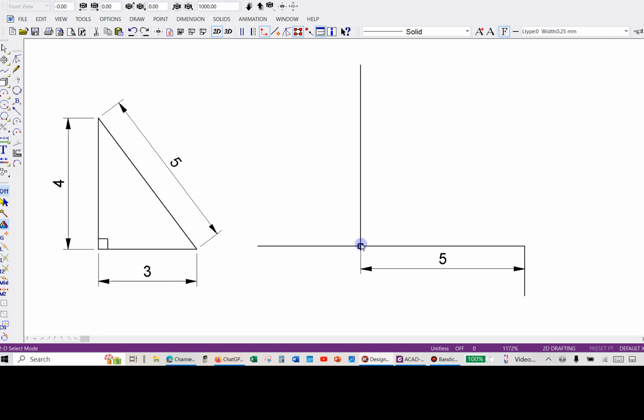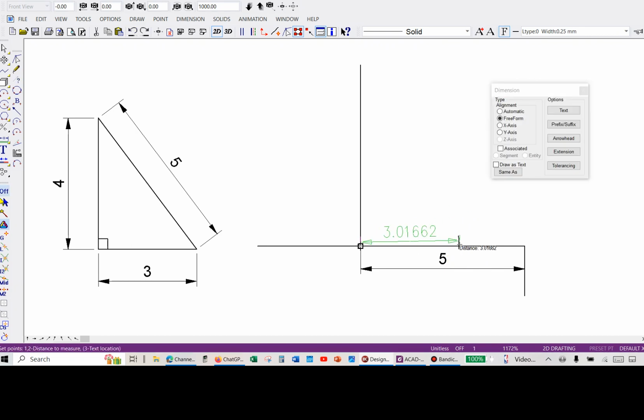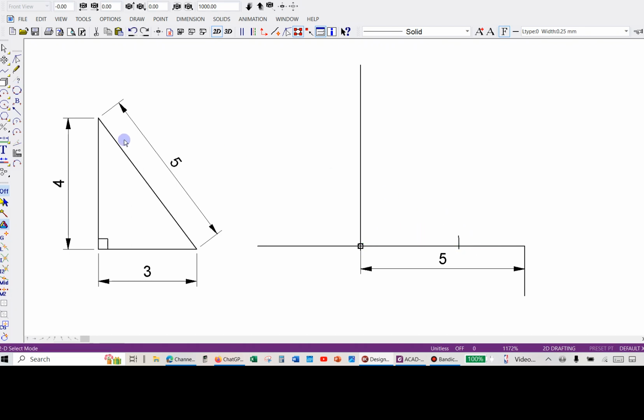So from this mark you swing an arc with a radius of 3. Basically, all you're doing is measuring down 3 feet. If you have the line there, it's not really swinging an arc, it's just creating a point there. That's the intersection, so you have 3.